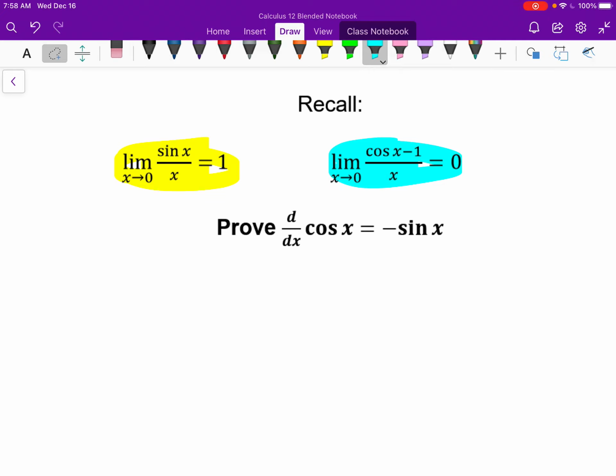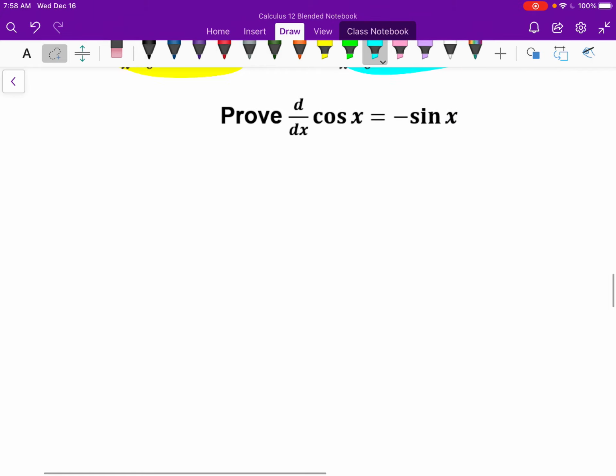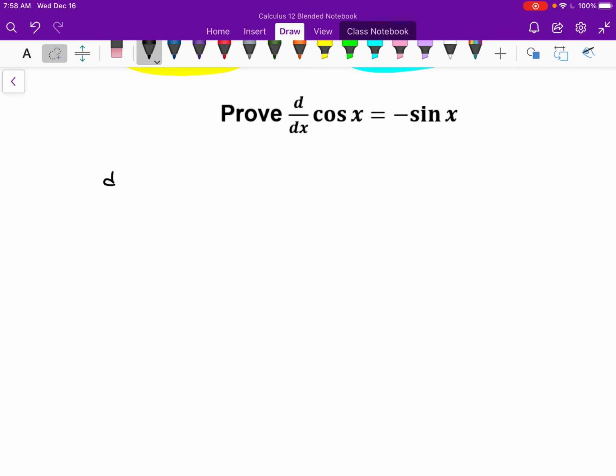Okay, using that and the definition of the derivative, I can prove that the derivative of cos x is minus sine x. So how do we do this? Well, let's start by saying d/dx of cos x will equal the definition of the derivative. We'll start with cos of (x plus h) minus cos of x, all over h. And actually, I should say the limit as h approaches 0.